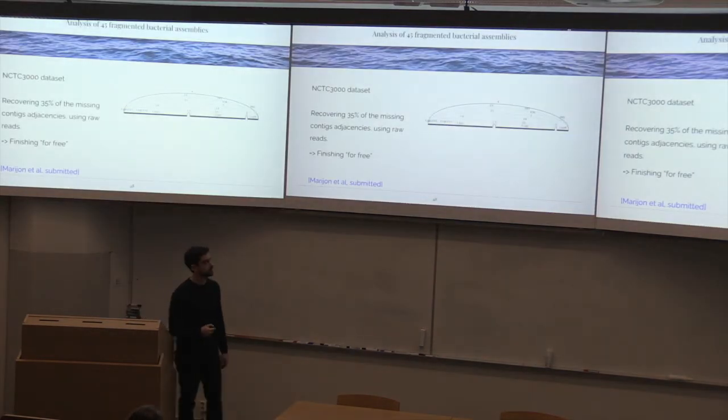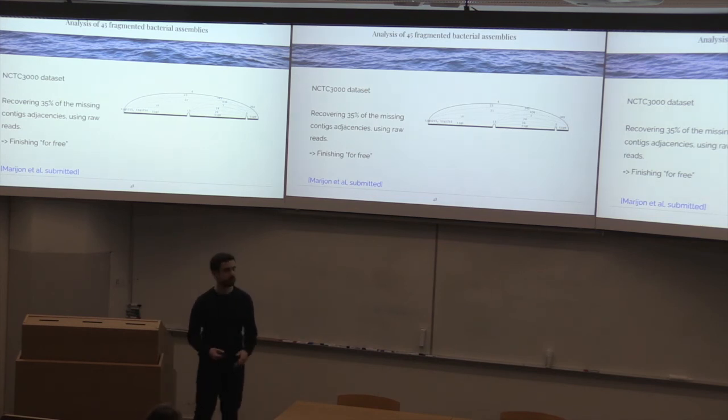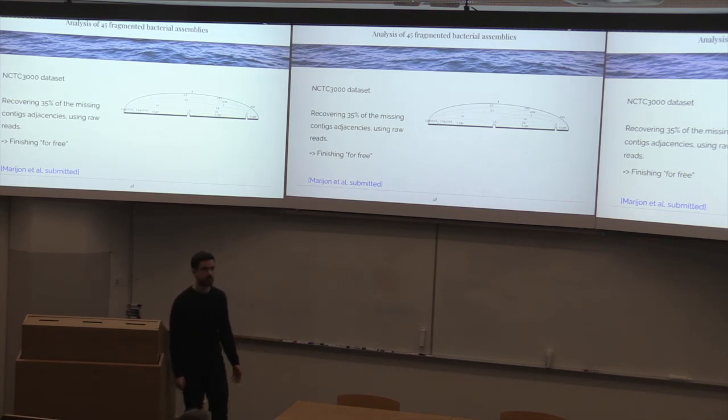So we worked a little bit more to try to extend this direction, and we analyzed 45 fragmented bacterial assemblies from the NCTC 3000 project from the UK. They sequenced 3,000 bacteria using PacBio and assembled all of them automatically.